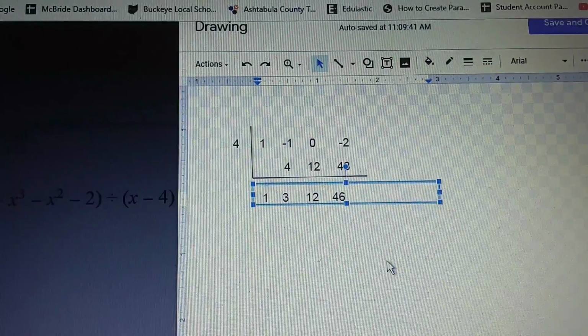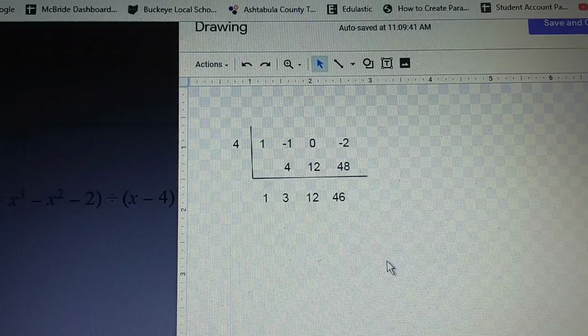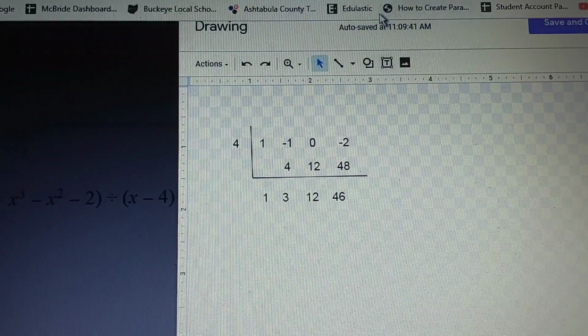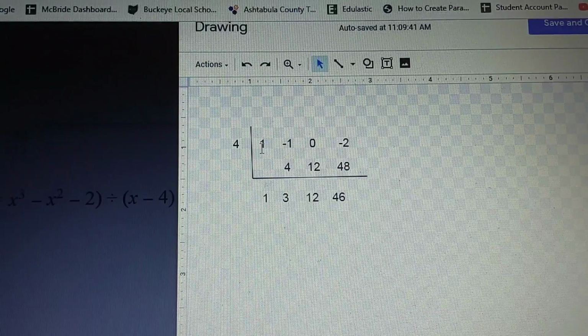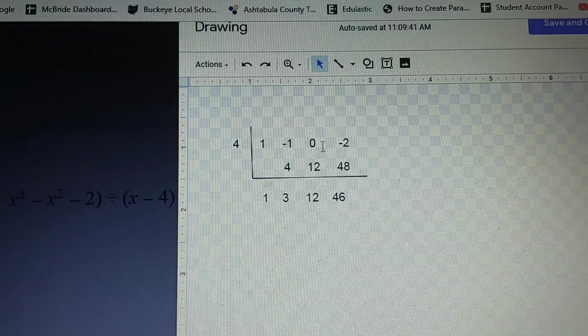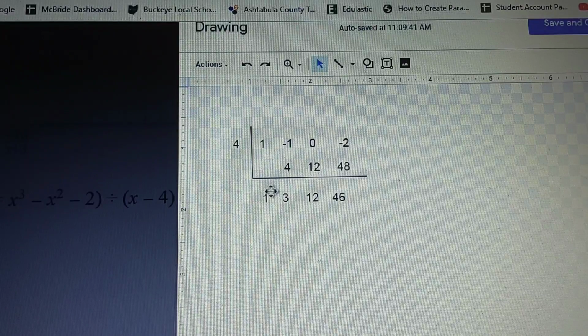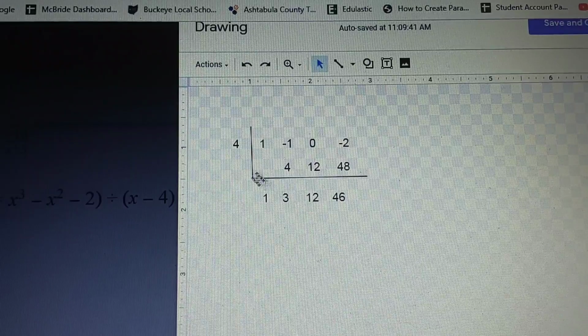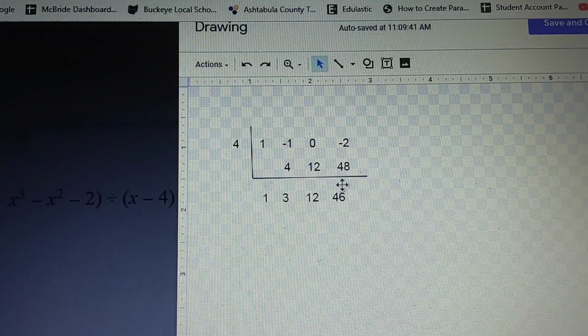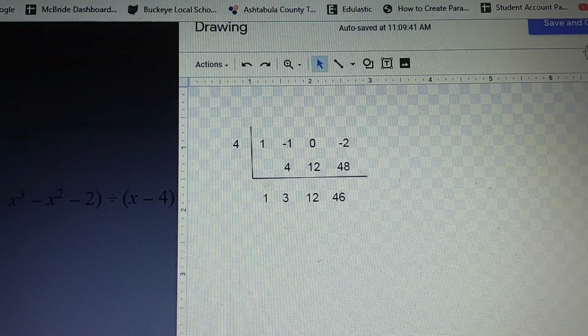Okay, make sure I like the way it looks, that my math is right. Okay, so leading coefficient is 1. Got a negative 1, 0, negative 2. Divided by the opposite side, 4. 3, 12, 48. Okay, save and close.